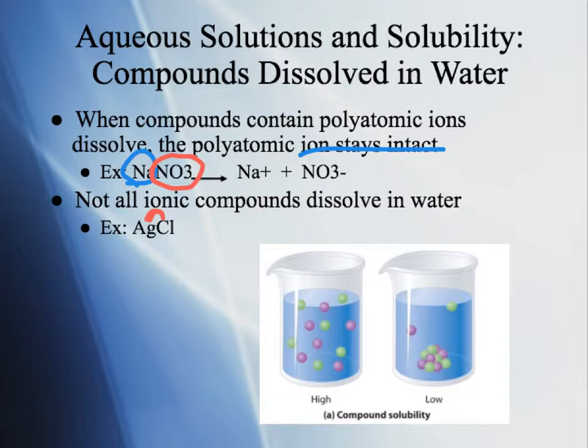We can see in this illustration that high solubility compounds are going to be able to break apart into their charged particles, and low solubility ones are just going to clump together and stay together in water. So usually they'll either float on top or just sink right to the bottom.